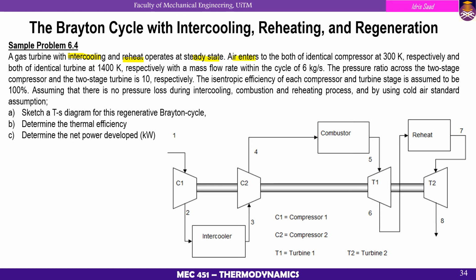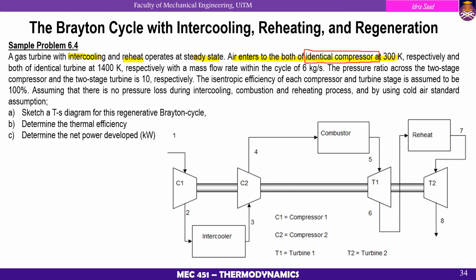Air enters both identical compressors at 300 Kelvin. What is the meaning of identical compressors? Basically, there are many compressors but they have a similar size. So when it says identical, the compressors will work at the same condition and consume a similar power input.